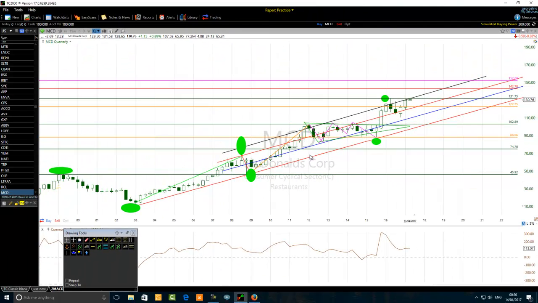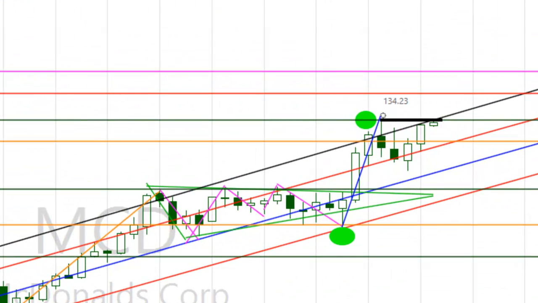So this is what we see here: the first wave, second wave, third Elliott wave, and now A, B, C, D, E, a triangle. We will expect for McDonald's that the fifth Elliott wave will be extended, which means the fifth Elliott wave will be formed of five waves.